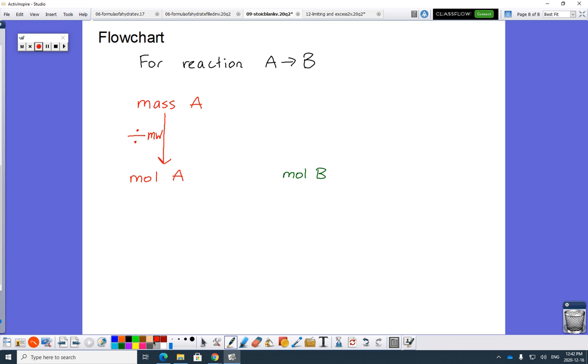Then if we want to get to mole B, not ratio, stoich ratio to get to mole B. Then multiply by B's molar weight, molar mass to get to mass B. So then you can go the other way, given mass B, divide by its molecular weight to get to mole B. Mole B, use a stoich ratio to get to mole A. Actually, you can even draw another arrow.